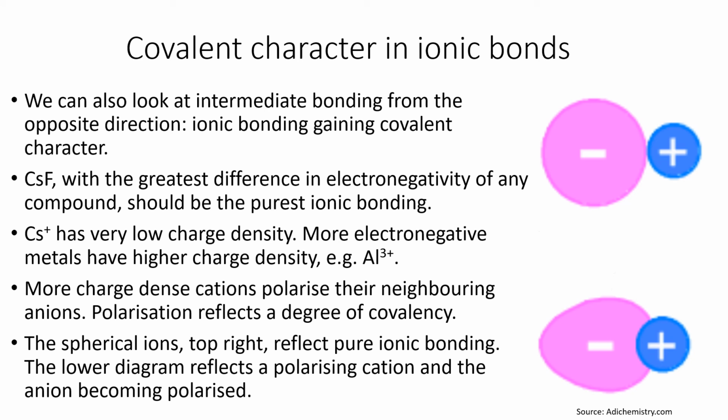This is when the ionic with covalent character will start turning into polar covalent, which is like covalent with ionic character. So it's a sliding scale, where one just merges into the other. So there we go. I thought I'd add in this aspect of intermediate bonding, looking at it from the ionic direction.